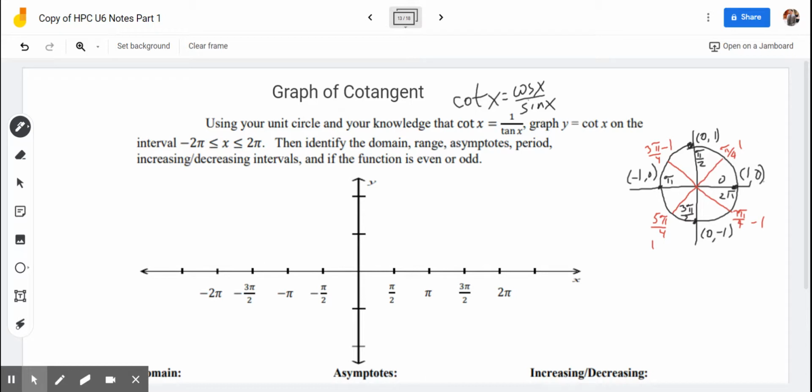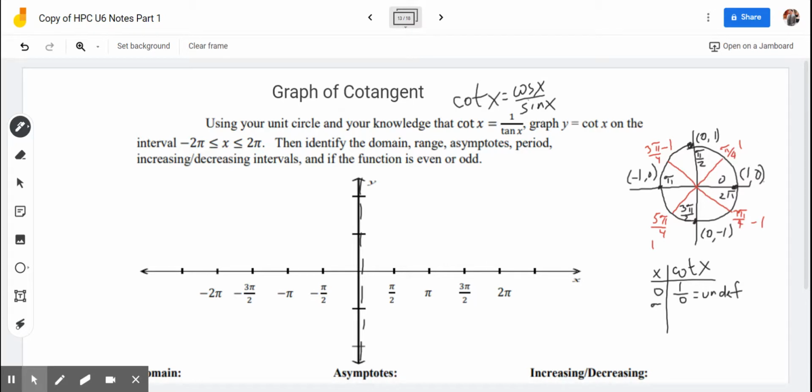For cotan of x at 0, if we did cosine over sine, remember, it's essentially the x coordinate over the y. It would be 1 over 0. So it would be undefined at x equals 0.